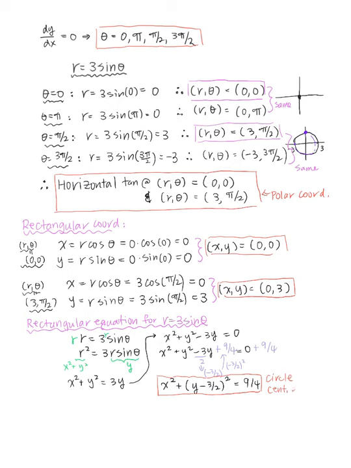centered at, where is that? 0, 3 over 2, and the radius is 3 over 2. Let's try to draw it out. The center is at 0, 3 over 2, so 0, 1.5, so maybe around here. This is our center, and the radius is also 3 over 2.